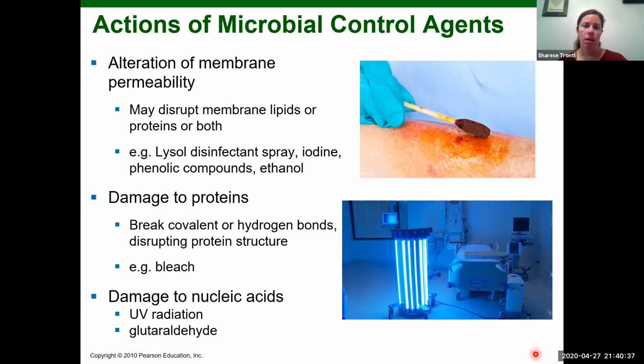These control agents can also damage proteins. An example of that is bleach. And they can also damage nucleic acids, like UV radiation and glutaraldehyde, which is going to have these effects of damage to the nucleic acids.